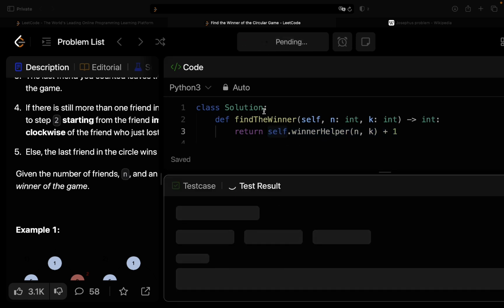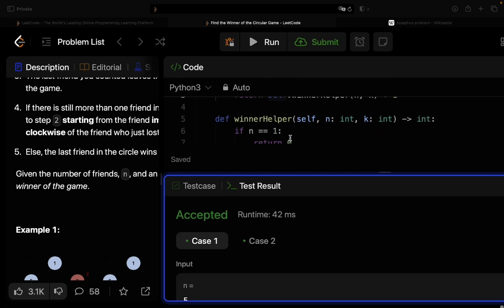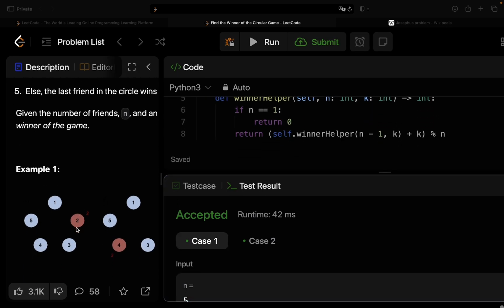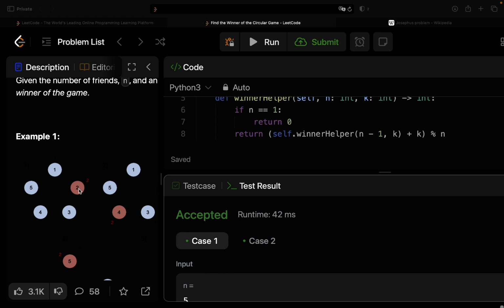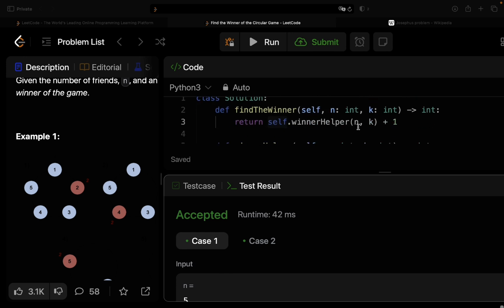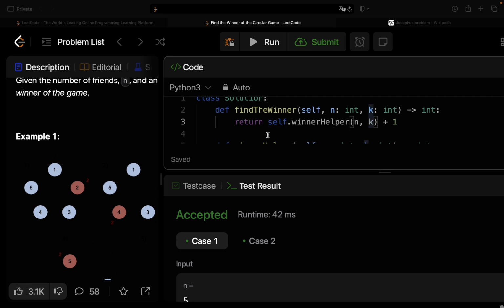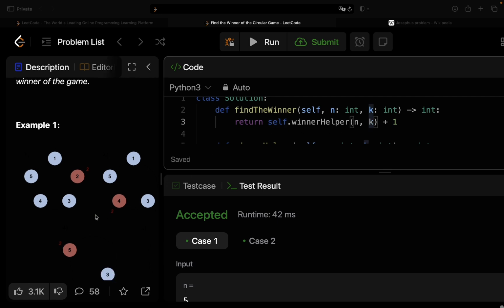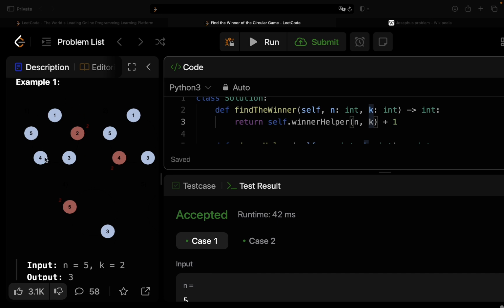So let's run it. The idea is, let's say we are having the first call. We'll be calling winner helper with n equal to 5 and k equal to 2. So we are calling that one first.